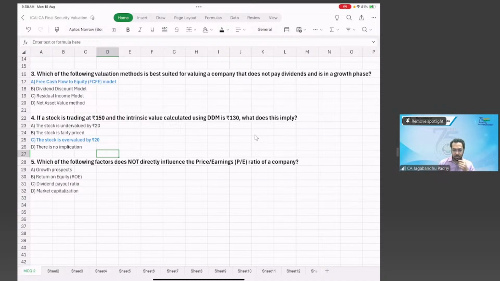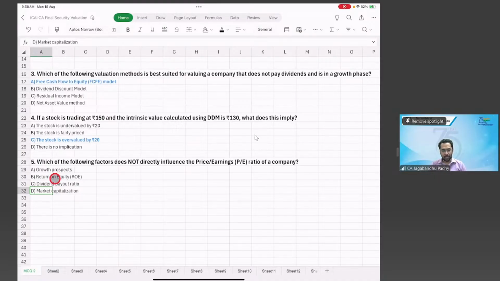Yes. Which of the following factors does not directly influence the price to earnings ratio of the company? Market capitalization, right? Because it's market price upon earnings. So whatever the number of shares or market capitalization, that is not going to affect it. Because of growth prospects, obviously the PE ratio will be higher because of greater confidence.